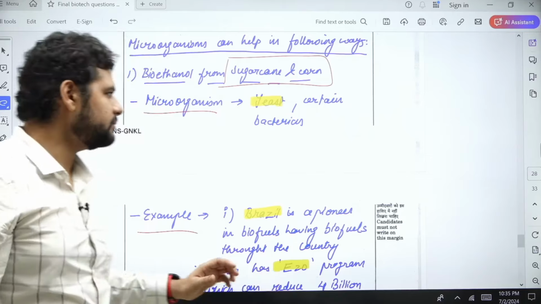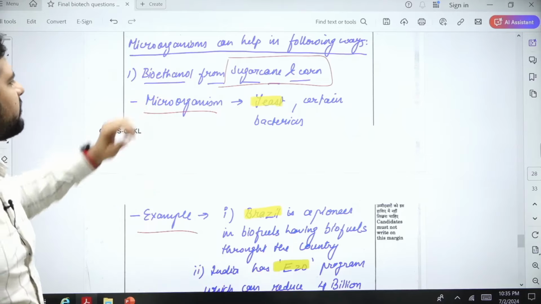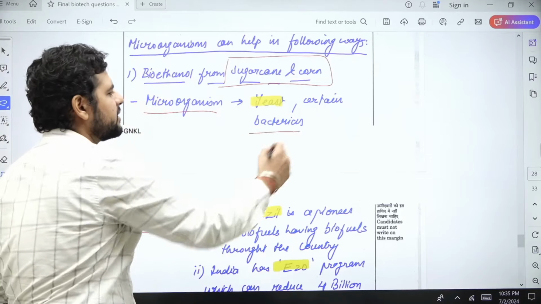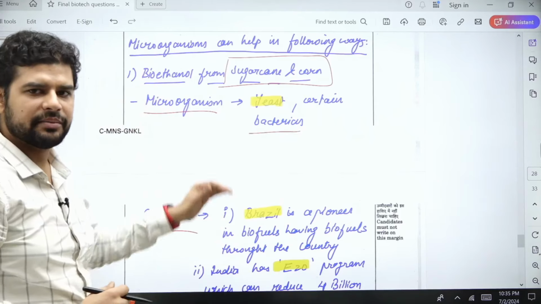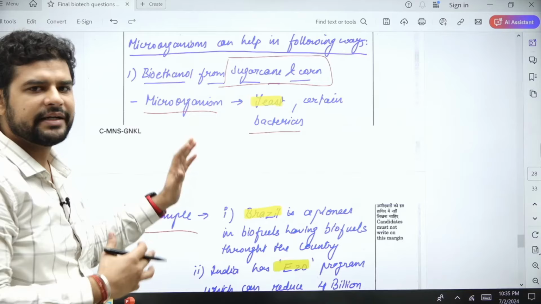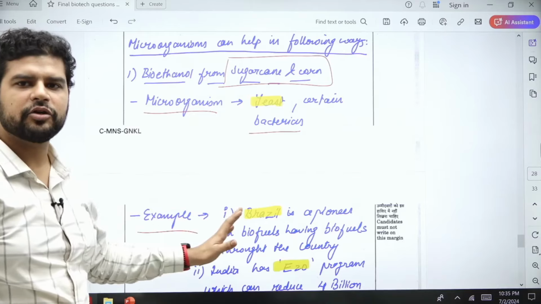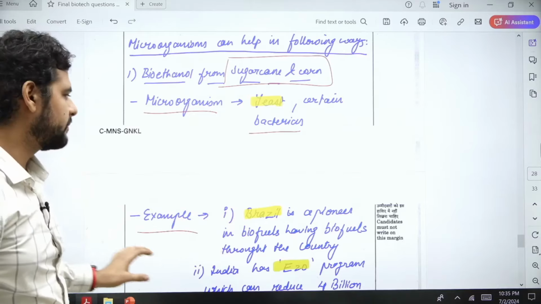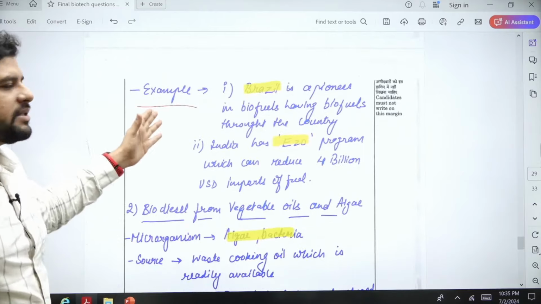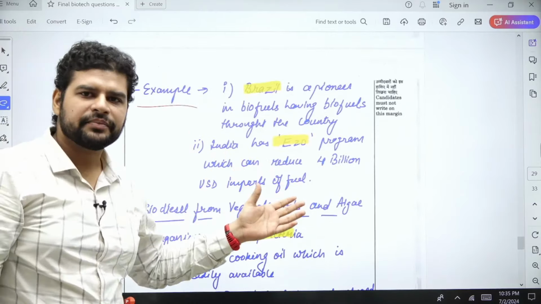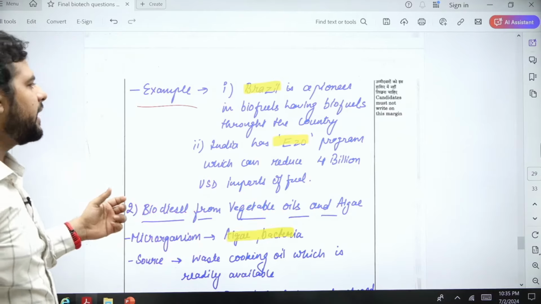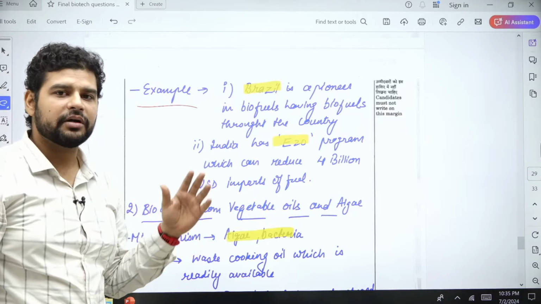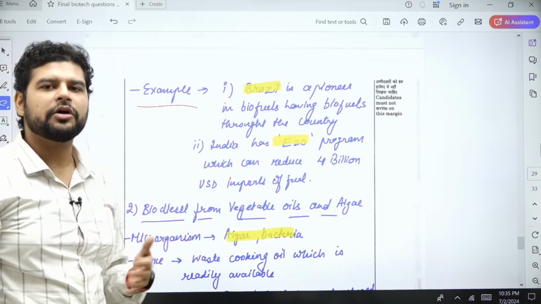Okay. So what are the microorganisms in the first point? Yeast and certain bacteria. Now I have to read sometimes from the board, because this is a very technical answer. But then again, I have tried to keep things very, very simple. What are the examples? See, Brazil is a pioneer in bioethanol. They have biofuel pumps all across the country.